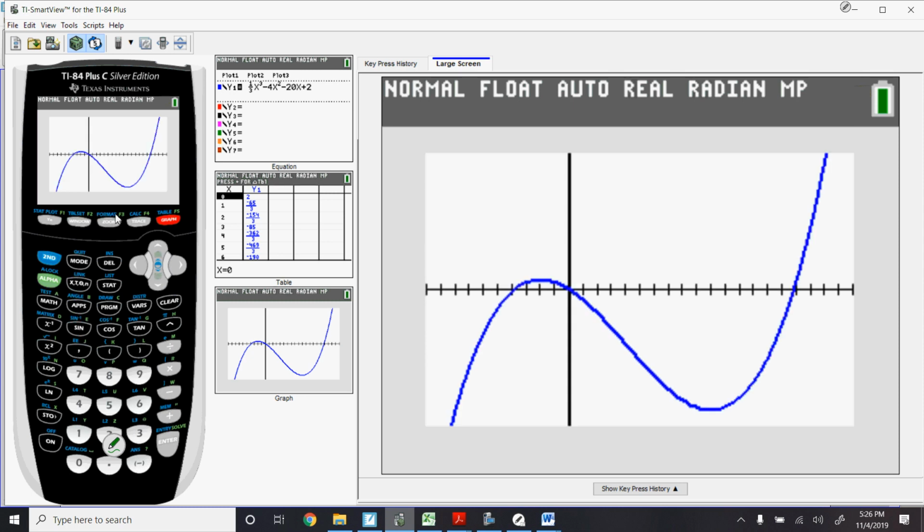And what I see is exactly what I thought. Negative 2 should be a local maximum, which it is. Positive 10 should be a local minimum, which it is. And I was able to do that without being able to see the graph. Okay? Last one before we're done here.